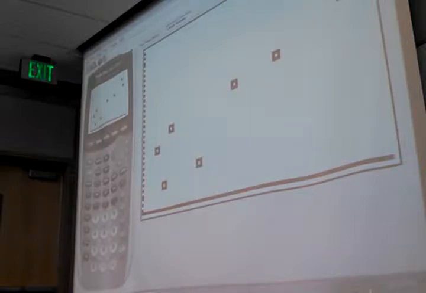Now hit zoom 9. Whenever you put new data in, you have to hit zoom 9 and the calculator will find it for you.